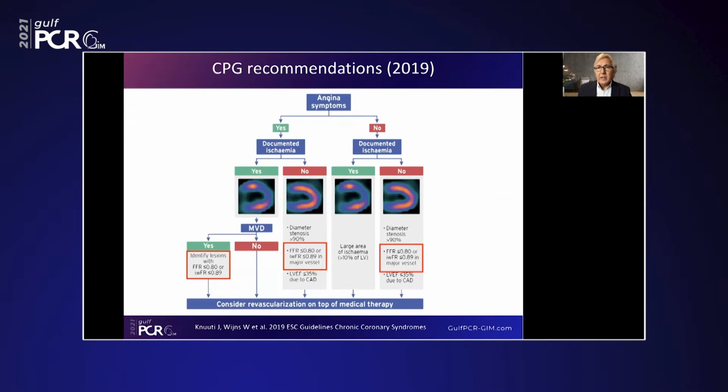Subsequently, the guidelines on chronic coronary syndromes expanded the use of pressure guide wires also to situations where you have already documented ischemia. Why? Because, for example, even if you have non-invasive tests demonstrating ischemia and you have multivessel disease, it will be important to outline which stenosis of this pattern of multivessel disease is accounting for ischemia to avoid, again, unneeded interventions.